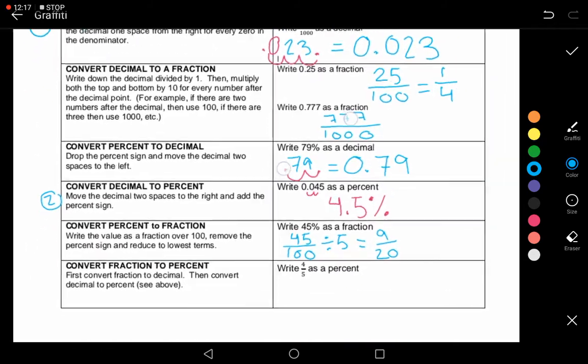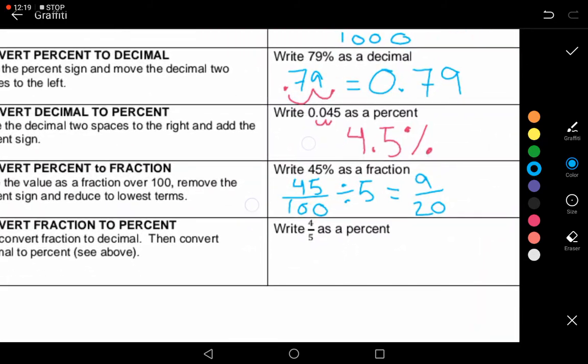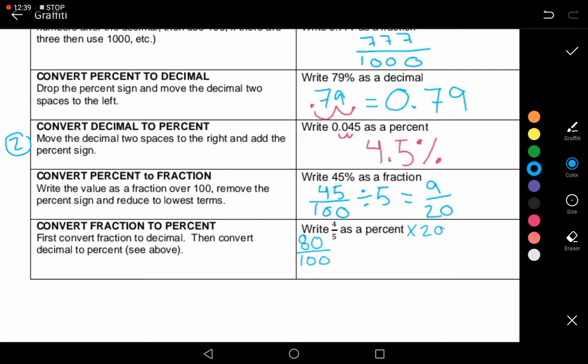So we need to write it over 100. So in order to write it over 100, we're going to multiply both the numerator and the denominator by 20, because 5 times 20 is going to give us 100, and 4 times 20 will give us 80. Okay, so now we can convert from a decimal to a percent, which is just this one here.